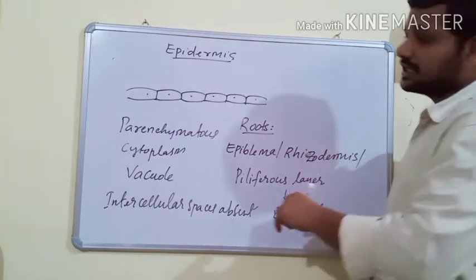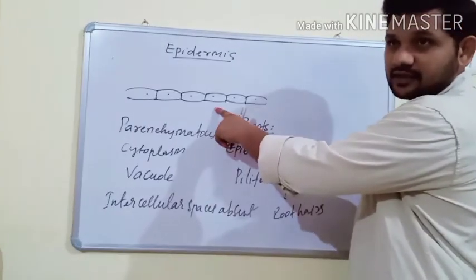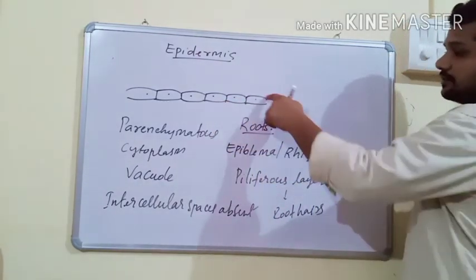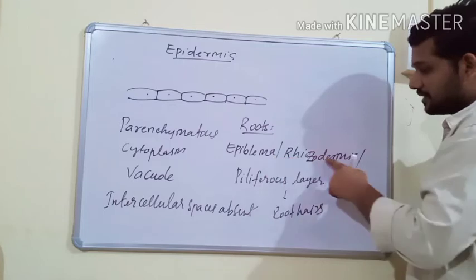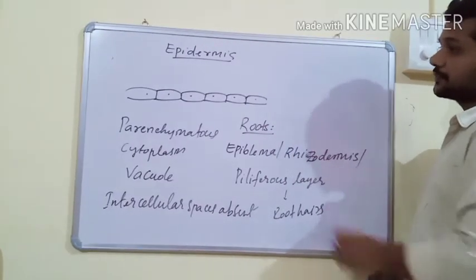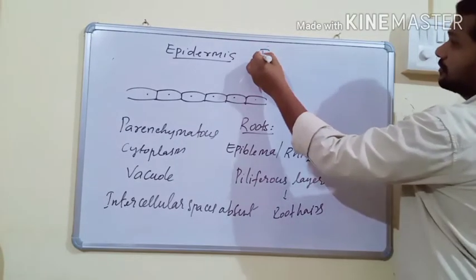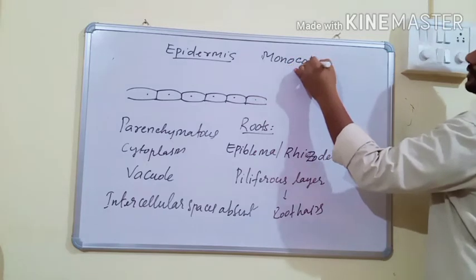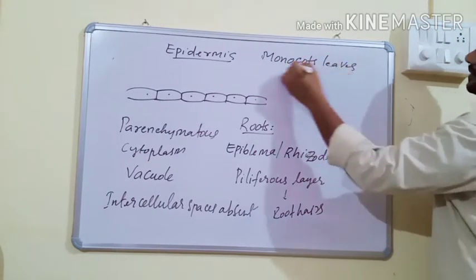In stems and leaves, the uppermost protective layer is known as epidermis. But in roots, the epidermis is also known as epiblema, rhizodermis, or piliferous layer due to the presence of root hairs.